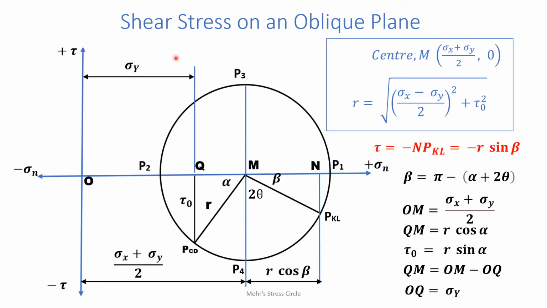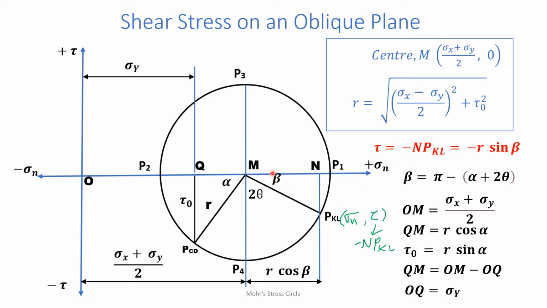Now let us prove it for shear stress also. As we discussed, the stress on this plane is sigma n and tau, and tau is minus NPKL.